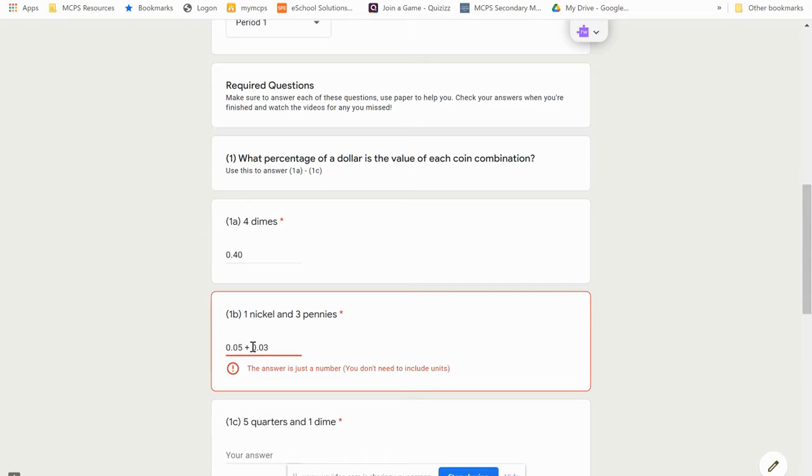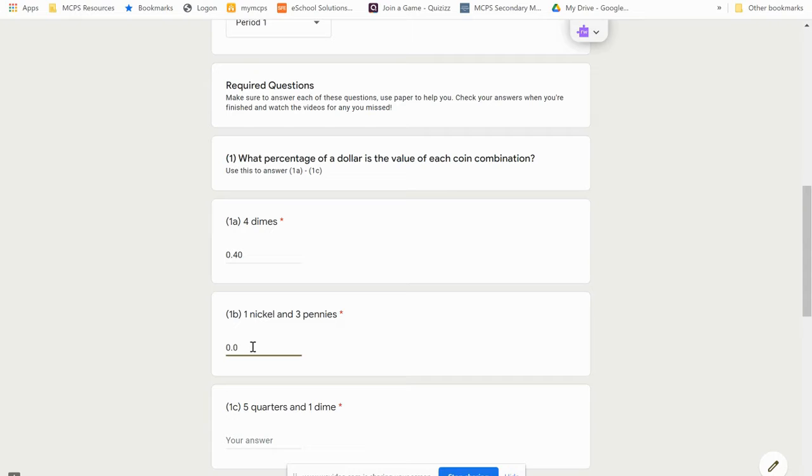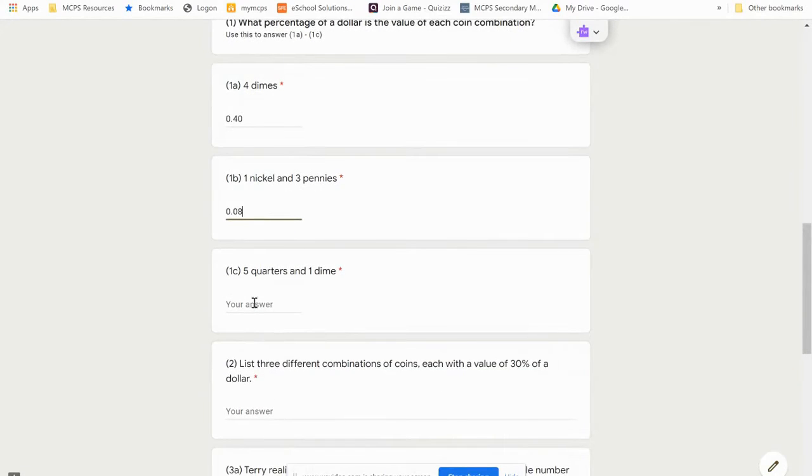So 5 cents plus 3 cents is 8 cents. Yes. 5 quarters and 1 dime, 25 cents. 5 times 25 is $1.25 plus 10 cents. 125 plus 10 is $1.35.